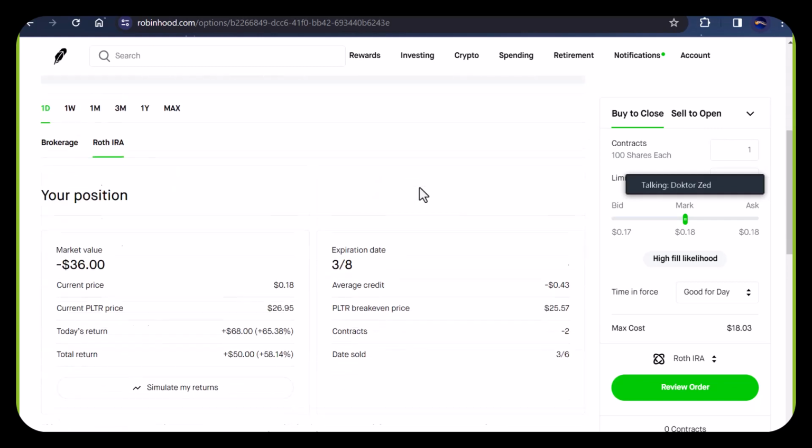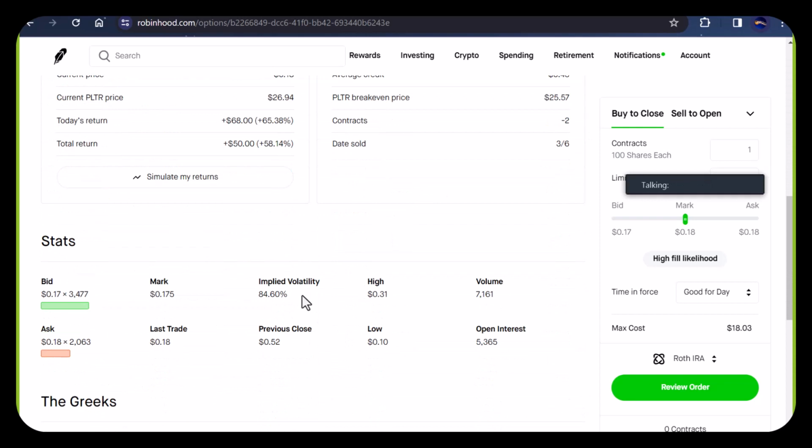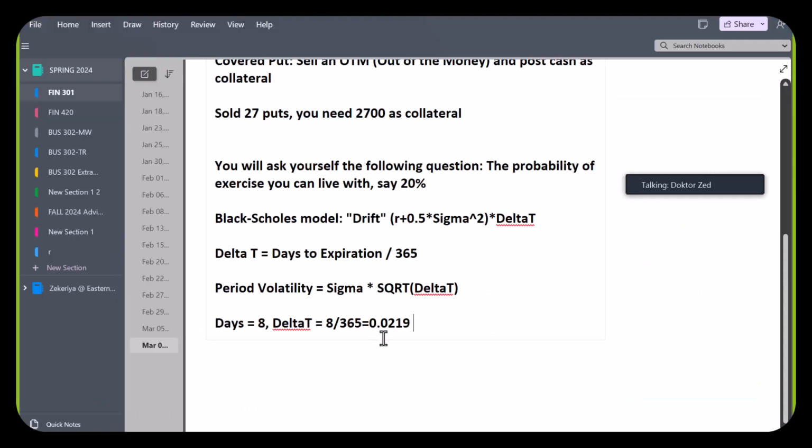So-called implied volatility. Again, we haven't done option pricing for you guys, but it's the uncertainty number that you have to plug in to the Black-Scholes model to get the current price. That's what implied volatility means. So let's have that at 85%.